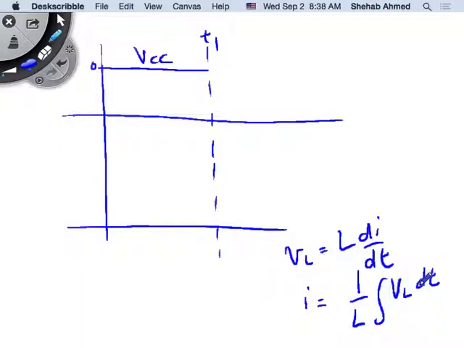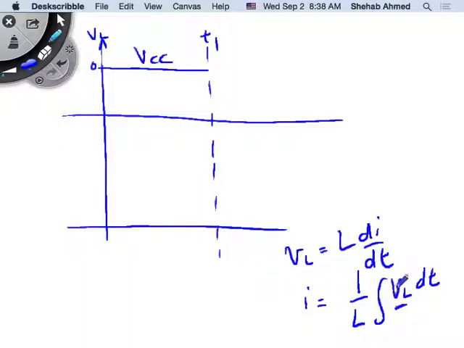So what does it look like? What does the current look like? No, not 0. VL, what's VL? Yeah, VL is this VCC. So I'm integrating, what's the integration of a constant? No, it's a ramp, right?